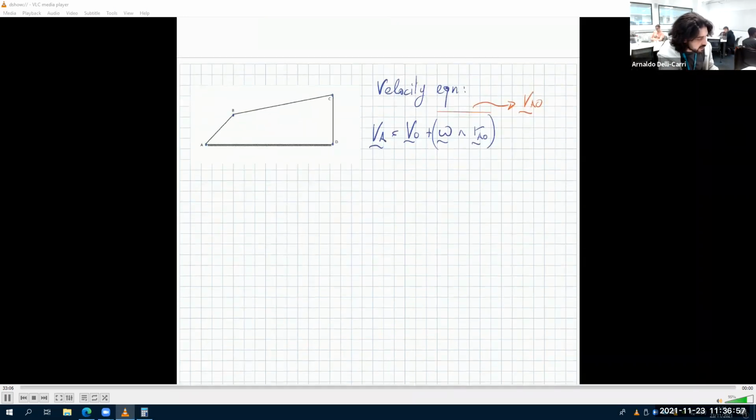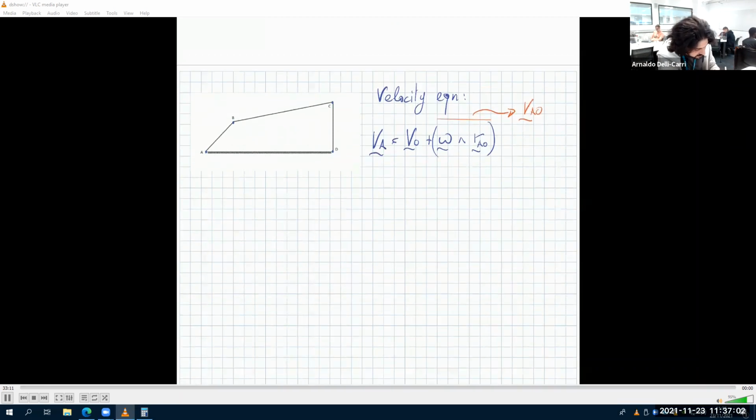So let's start. We want to find the velocity of B. Do you agree? Since we know omega 1, the velocity of B is in this direction, perpendicular to the link AB. Why? Because if the link is rigid, it cannot become longer or shorter, so B will never move along the link and can only move in the perpendicular direction.